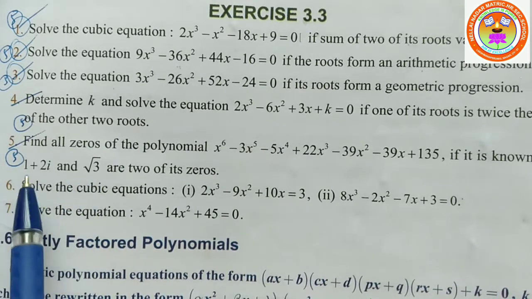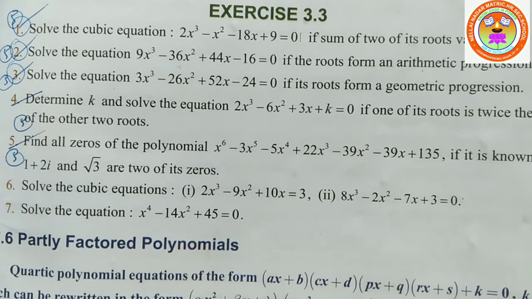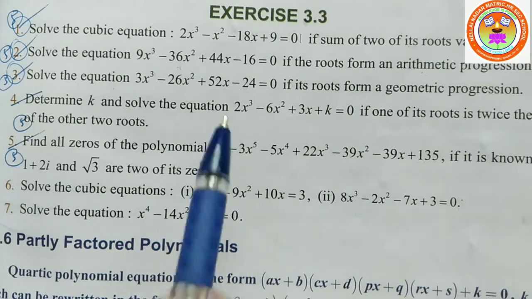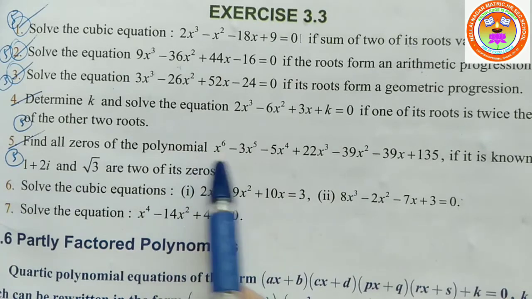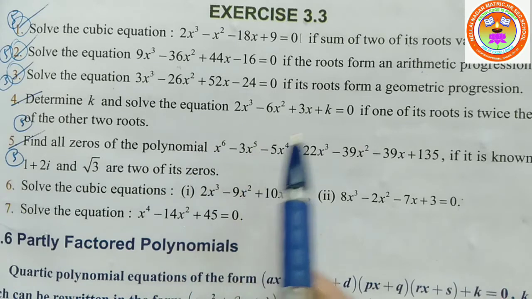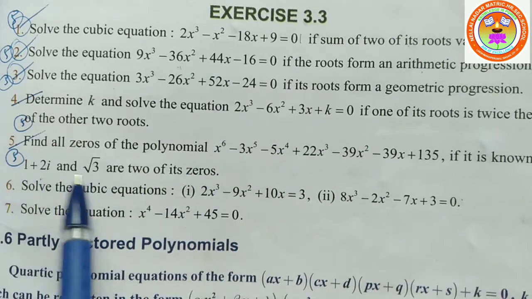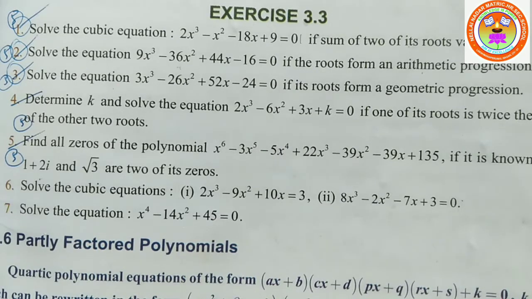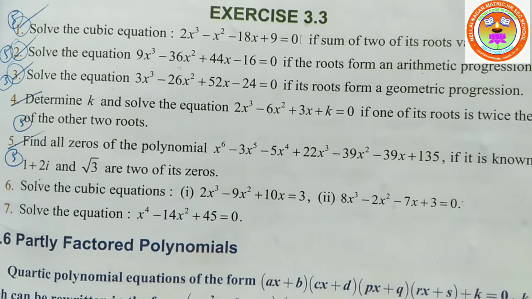So with the help of these 2 zeros, we have to find the remaining 4 zeros. Is it clear? Question clear, no? Okay.